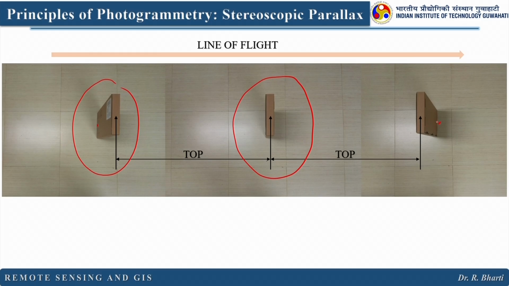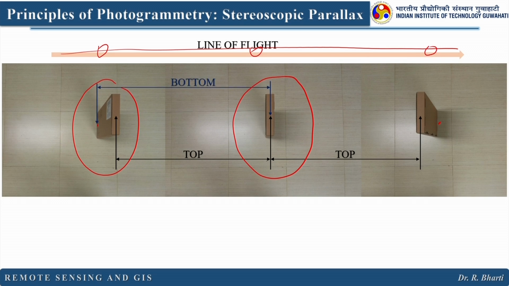So, if you have the complete observation from here, here and here, you can fully cover this area, and you can estimate the distance between the top and the distance between the bottom.